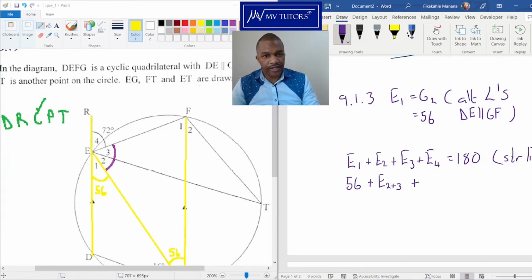I just combined these two here into E2 plus E3, because that's what we're looking for. And then E4 is 72, and that's all equal to 180. Now if I solve for E2 plus E3, it's equal to 180 minus 72 minus 56.